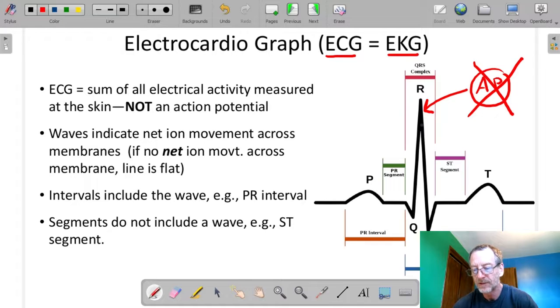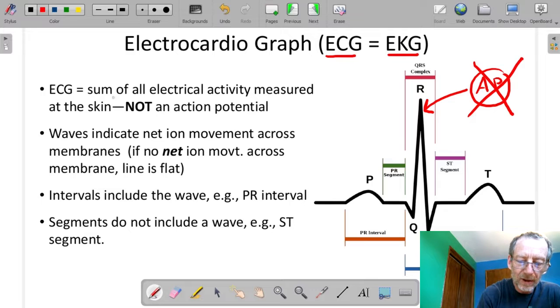So the electrical signal originates deep in the chest from the heart muscle, and then that electrical signal propagates outward in all directions through the salty water of the interstitial fluid out to the surface of the skin, where it is then detected by the EKG electrodes.